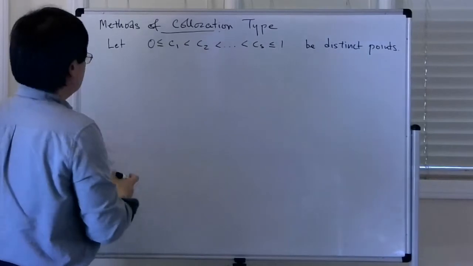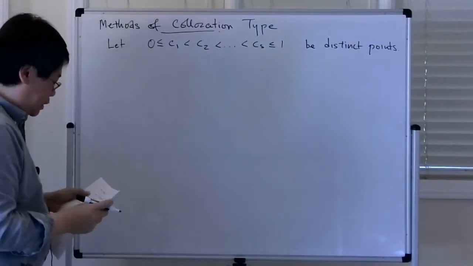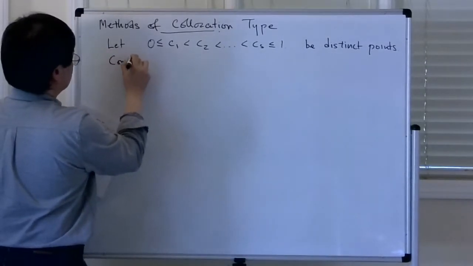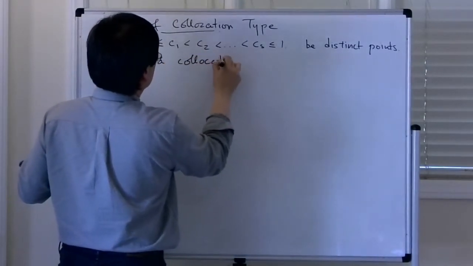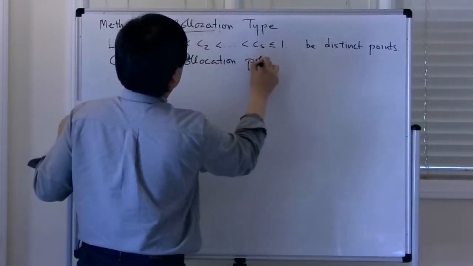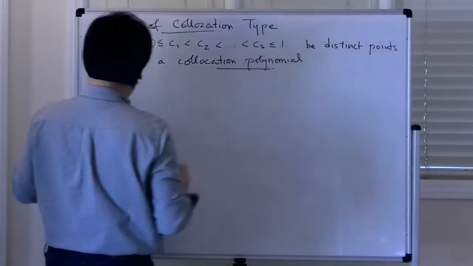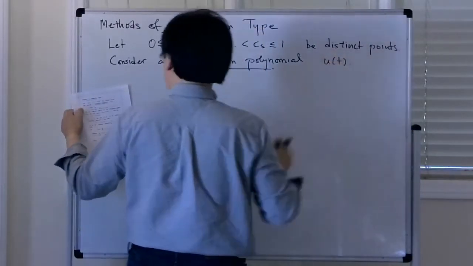Associated to this, we're going to consider what is called a collocation polynomial, which I denote by u(t).